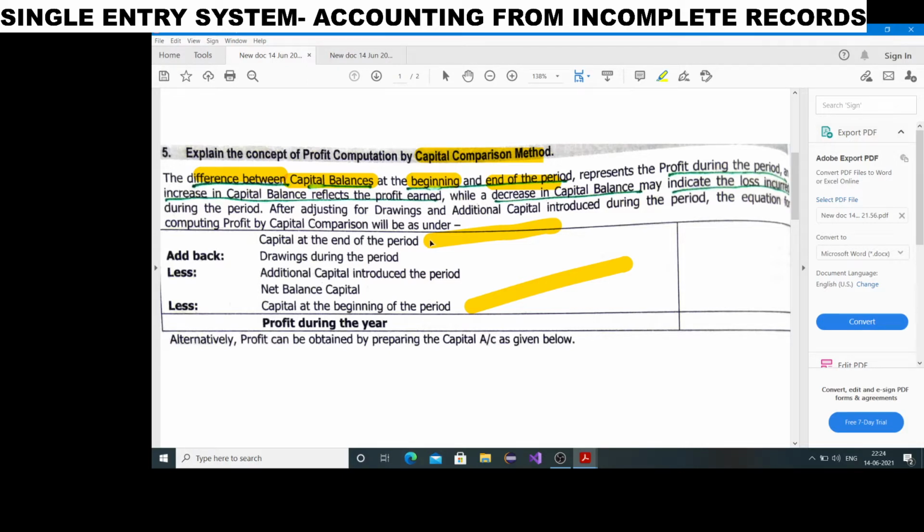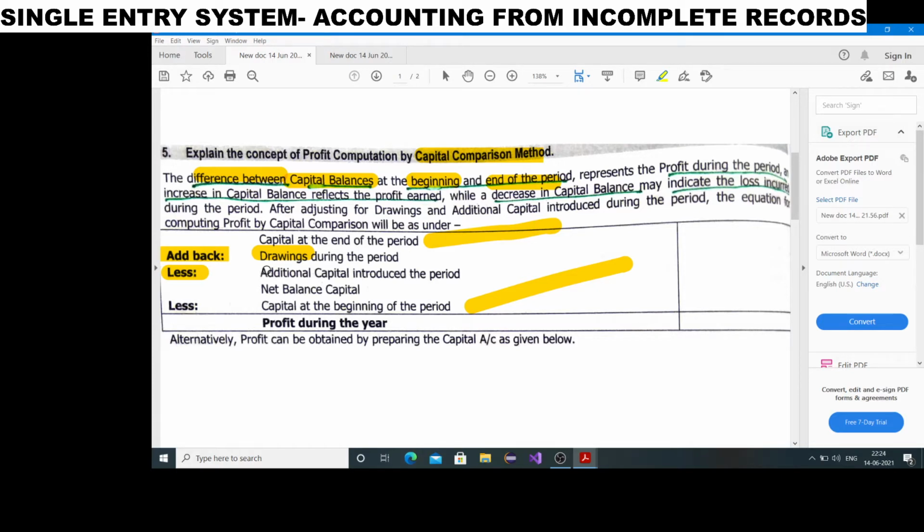For that, you have to add back all the withdrawals, the drawings, you made during the year to arrive at the capital which was earlier with the enterprise. And we will subtract the amount which we additionally invested into the business.